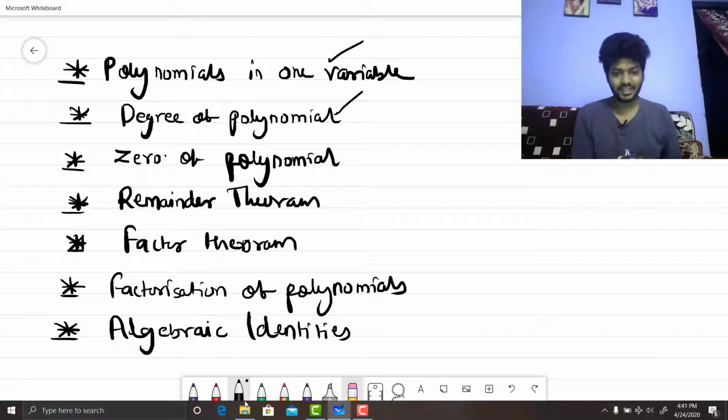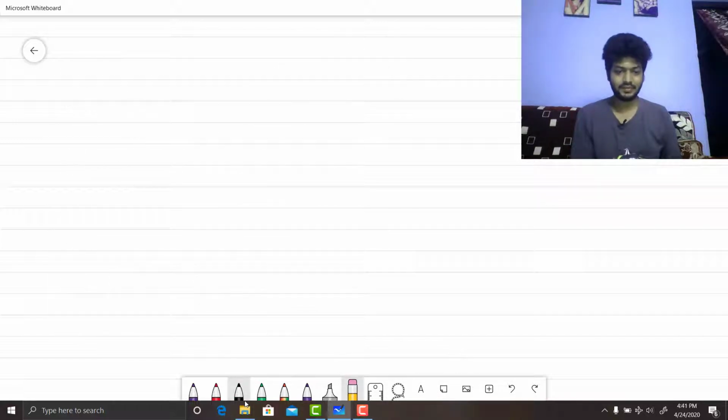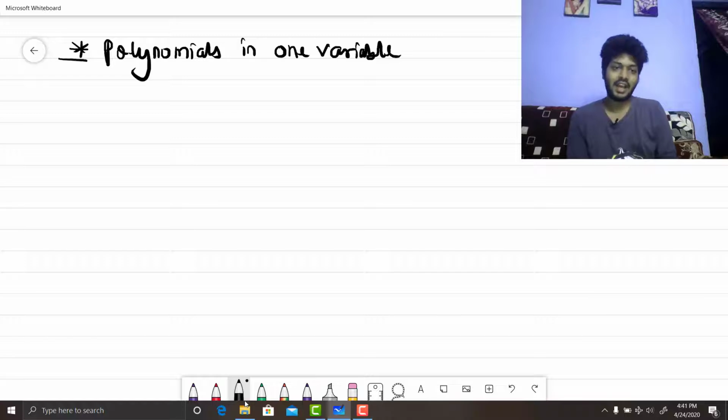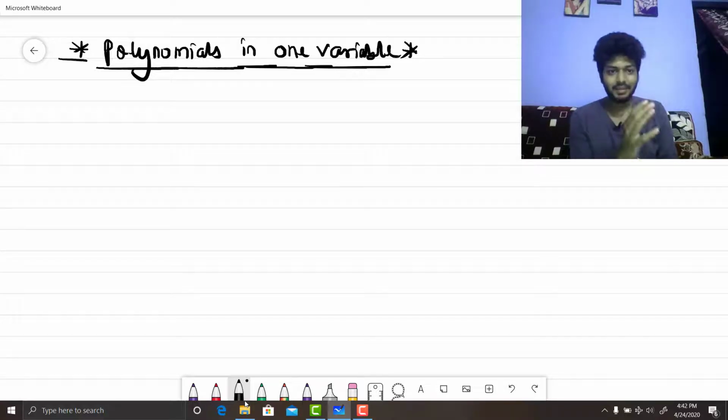I'm going to erase this section now. I know many of you must have figured out the sense from the heading itself. Polynomials in one variable is essentially a polynomial expression, but in one variable.